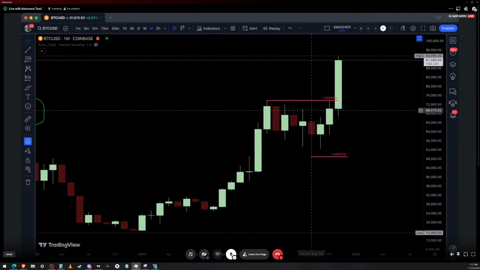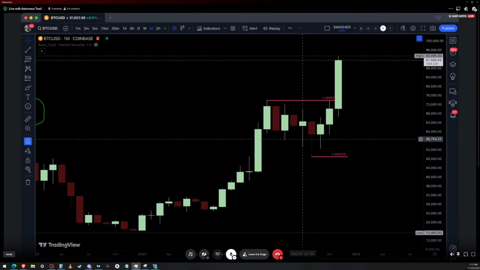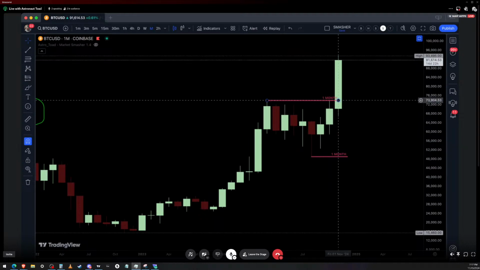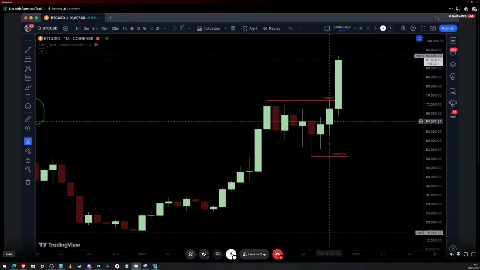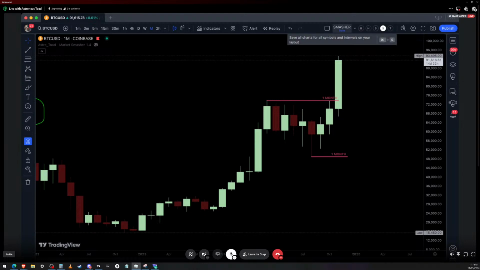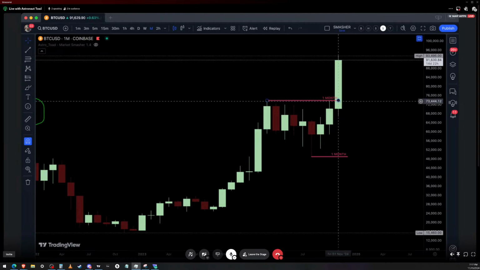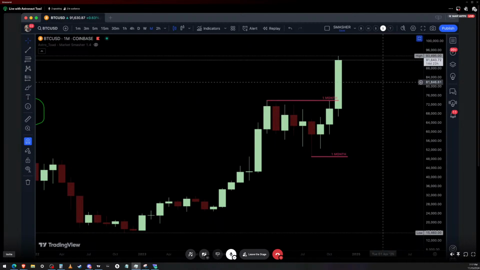So inside this range, there was a lot of people losing money and a lot of people making money just by price going up and down, back and forth. Then price broke above this high for the first time, and this candle still has 14 days in it.